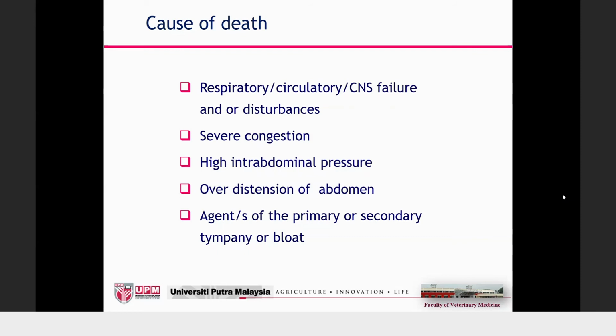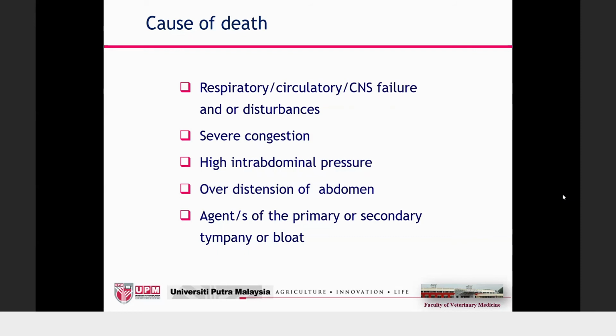If the lesion is very severe, it leads to cellular and functional dysfunction, and that leads to dysfunction of the organ, particularly the vital organs, such as respiratory, circulatory, and central nervous system failure. So the cause of death is particularly due to vital organ failure. Why does vital organ failure occur? Because there are lesions present.